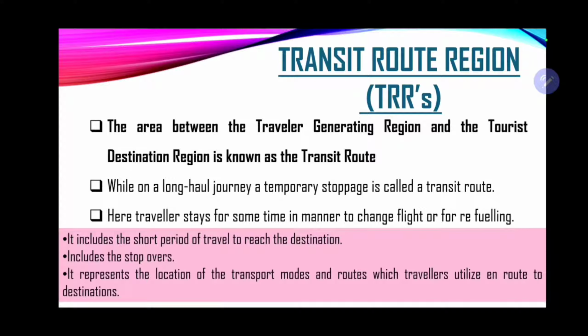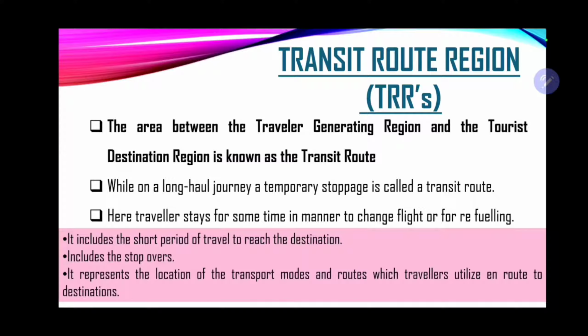All right. Now, let us look at the next component, and this one is the transit route region. Now, the transit route region is the area between the traveler generating region and the tourist destination region. It is known as the transit route. Now, while on a long haul journey, a temporary stoppage is called the transit route.